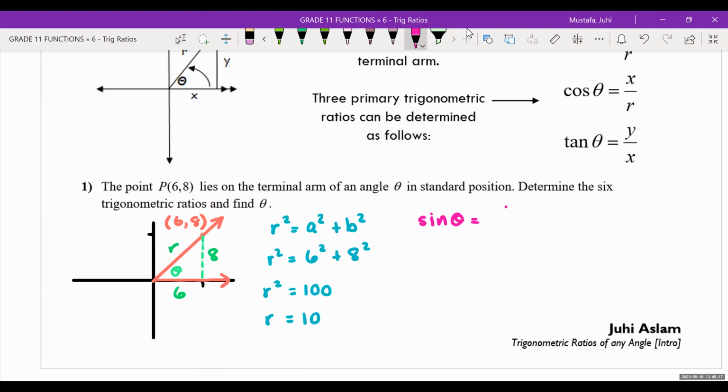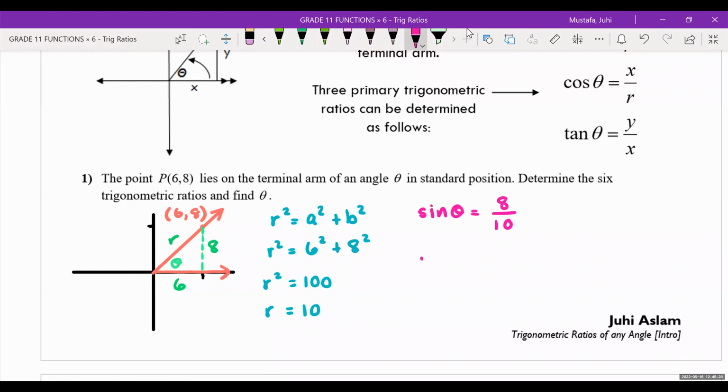So we're going to go 8 over 10. Did everyone see where I got the numbers from? Okay, do we need to simplify it? Nope, you can leave it like that. Cos theta would be adjacent over hypotenuse, so it would be 6 over 10. And then tan theta would be opposite over adjacent, which would be 8 over 6.